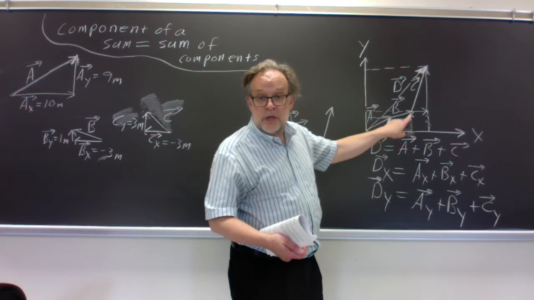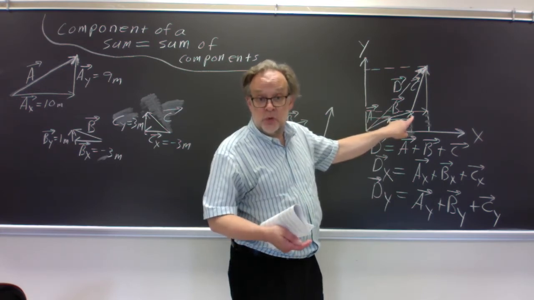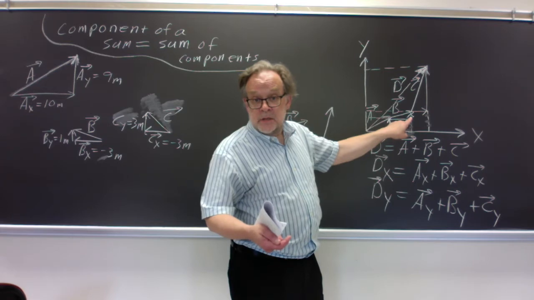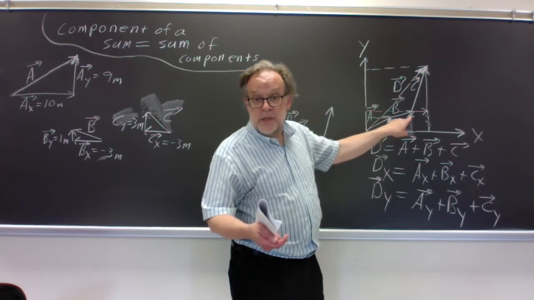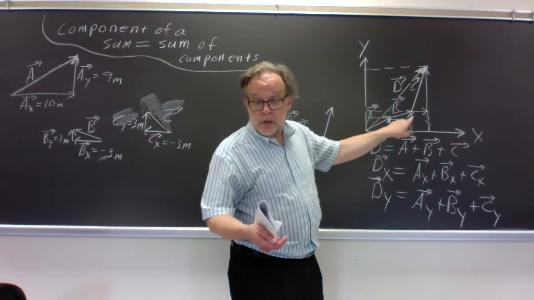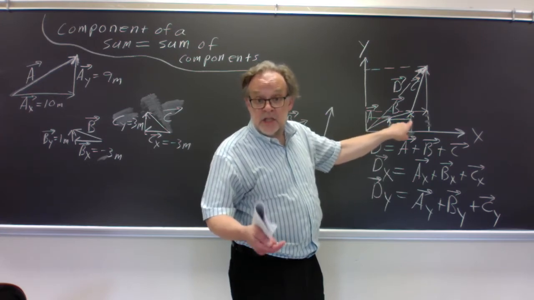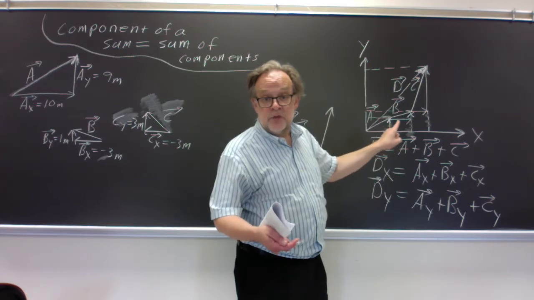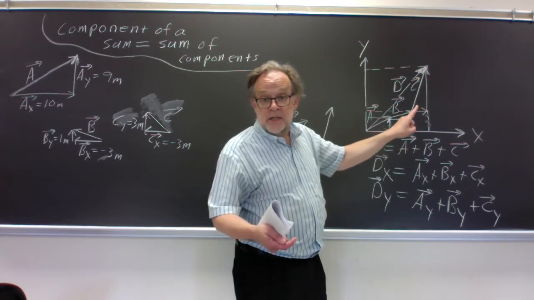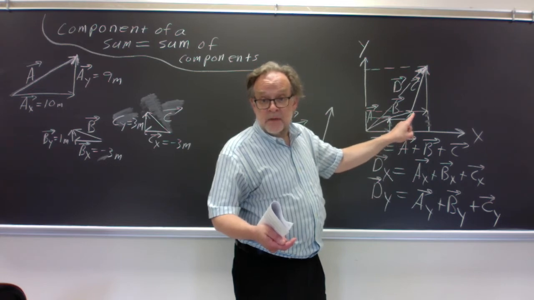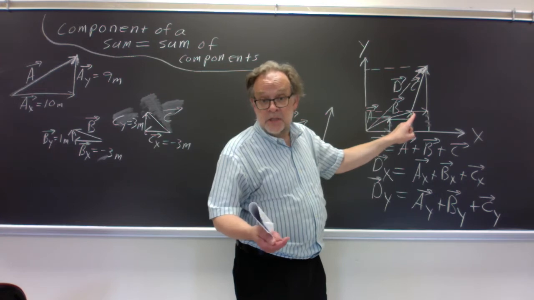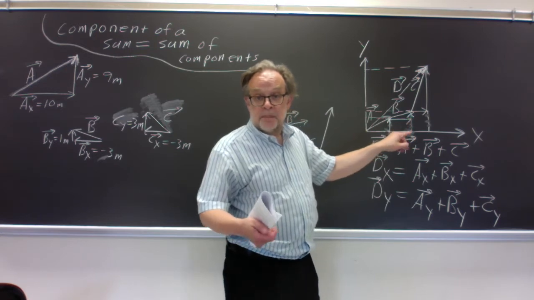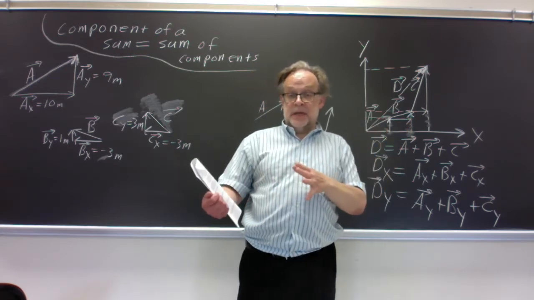This is the final location for displacement B, but it's also the initial location for displacement C. So the tip of arrow B, that means it's the final location for displacement B. This point is also the tail of displacement C. That means it's the initial point for displacement C. Because you do displacement C immediately after you do displacement B, you connect the tail of C to the tip of B. Because the start of displacement C, the tail of C, is right where you finished displacement B, the tip of B. And that's that tail to tip connection, right?